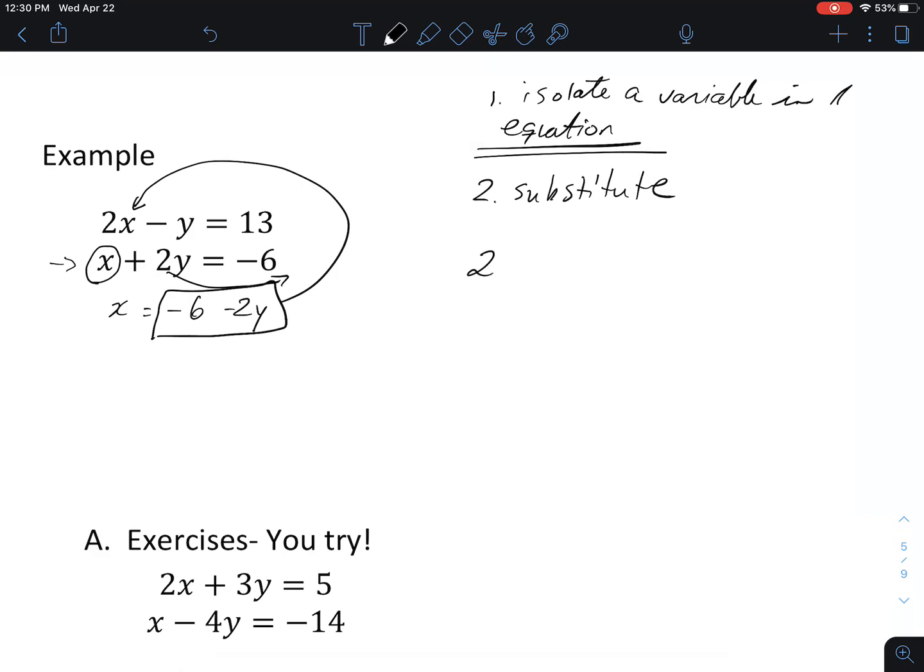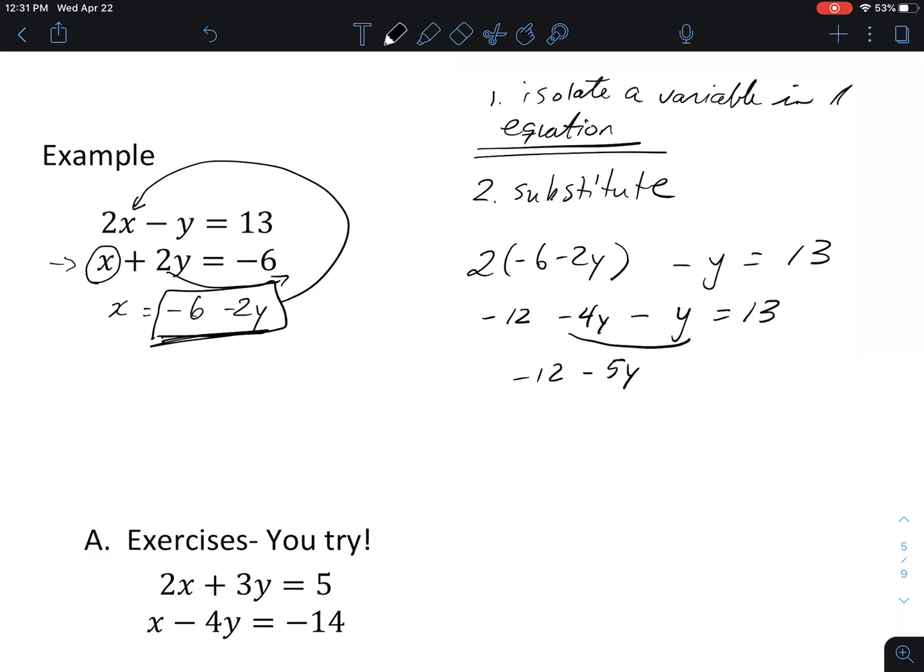This is what x equals, so that's going to go in the other equation where x is. So 2x minus y is 13, but x is really negative 6 minus 2y. That gives me negative 12 minus 4y minus this y out here is 13.